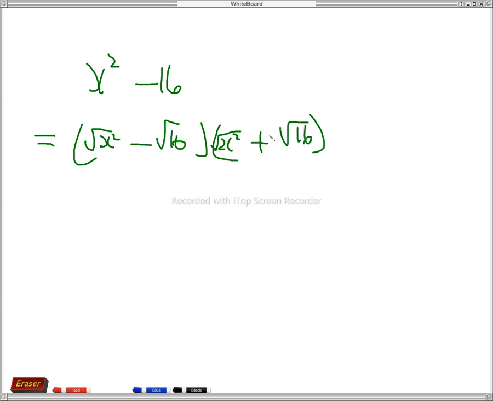The root of 16 is equal to 4. Therefore, the square root of x squared is going to be x, because the x will cancel with the square root there, you understand. So this is how you can solve the difference of two squares.